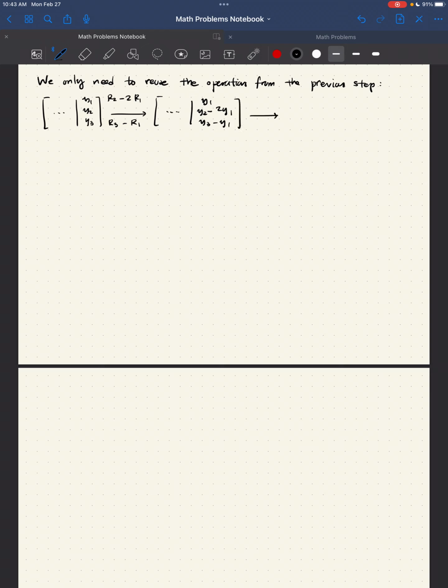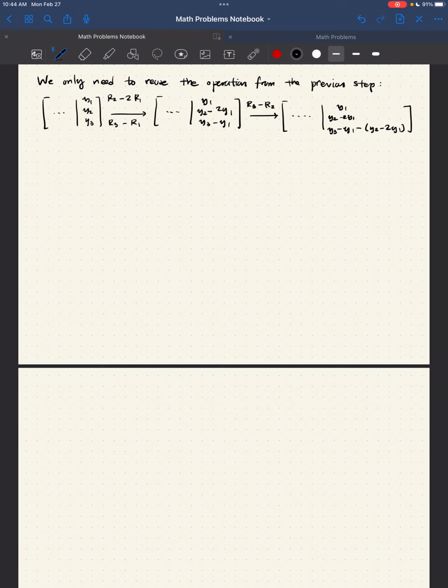Next, we apply this operation, row 3 minus row 2. So now we have another matrix here, followed by y1, then y2 minus twice y1, and y3 minus y1 minus (y2 minus 2 y1).